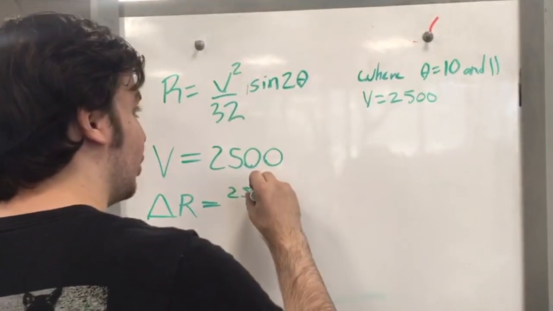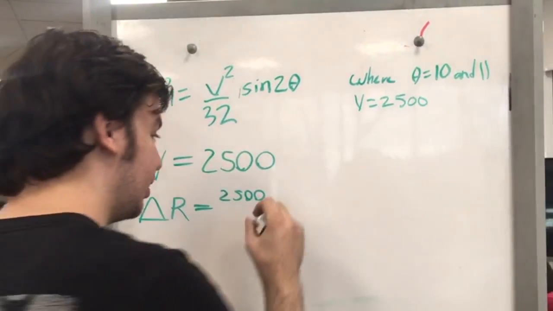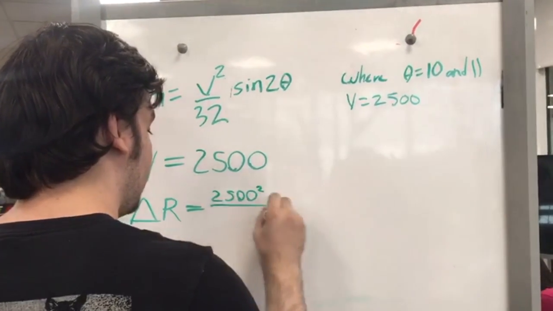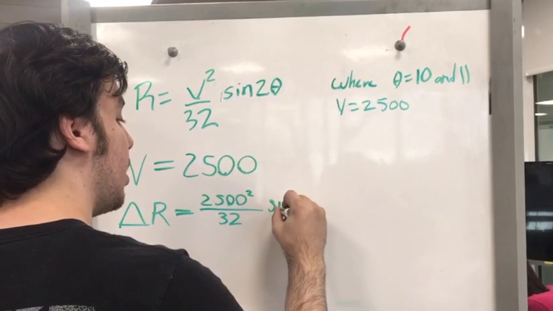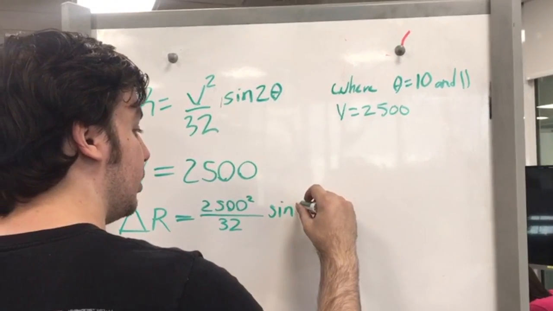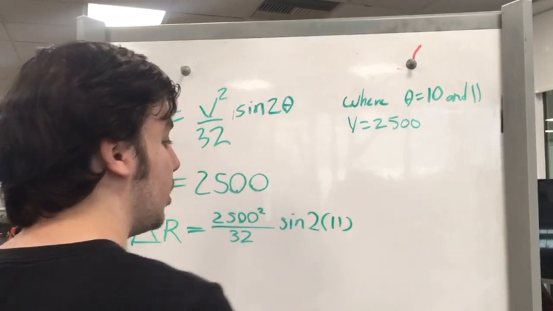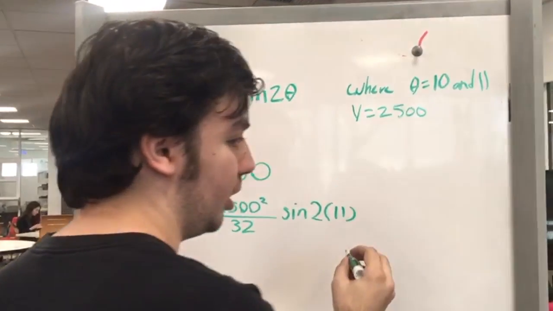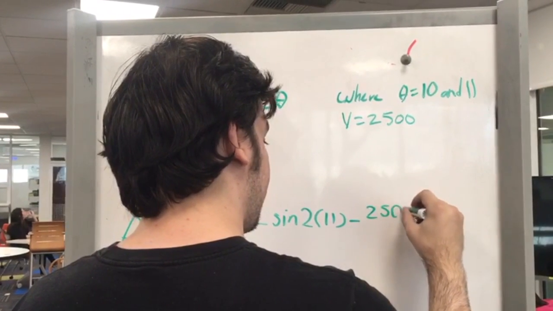First, the bigger one, or rather theta 2, minus the smaller one, theta 1.